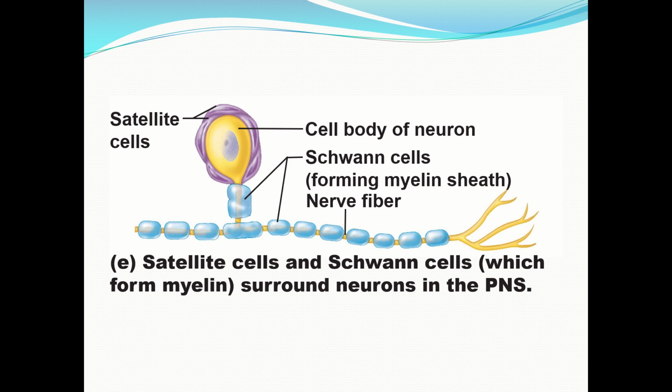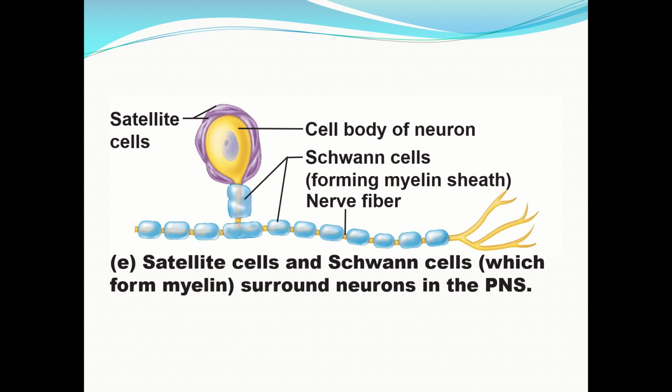And the neurolemmacytes or Schwann cells are going to be forming myelin sheath, just like the oligodendrocytes do. And notice that it's a little different looking. It looks like beads, and there'll be little exposed areas of axons in between the myelin. And so what happens is the electrical impulse will travel through the myelinated region because it can't be conducted outward, so it'll focus it.